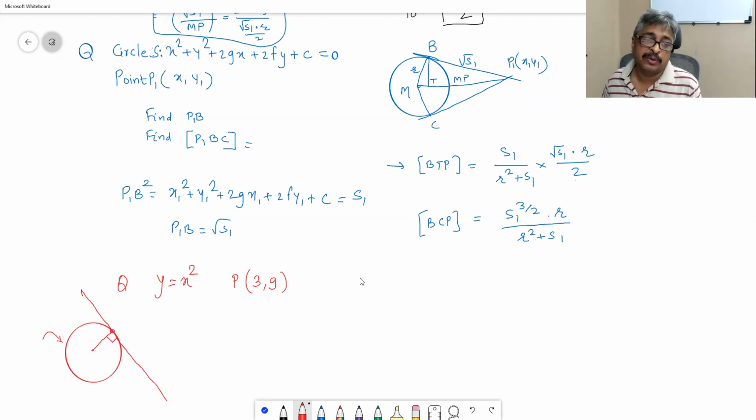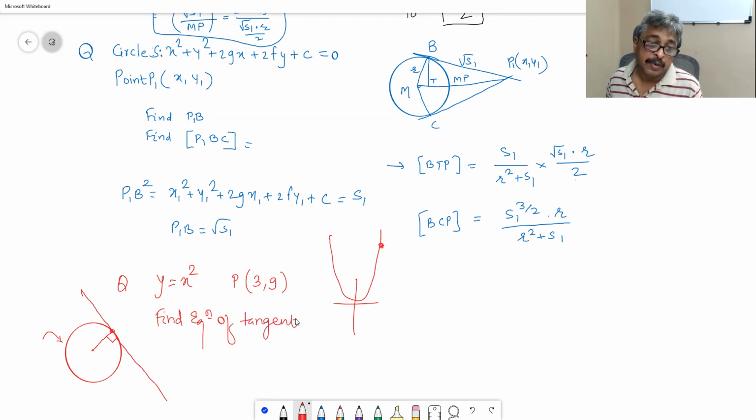Now I am asking you that there is a parabola y is equal to x square and you have a point somewhere here. Find the equation of the tangent at P. Tell me what answer you get.